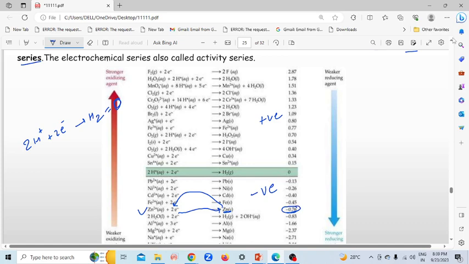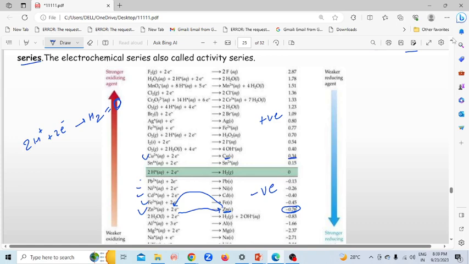We are talking about reduction, so it is the reduction potential. The reduction potential of zinc is negative. Similarly iron, cadmium, nickel are negative. Similarly, suppose copper: Cu2+ taking 2 electrons and converting to copper is a spontaneous reaction, so its potential is positive.